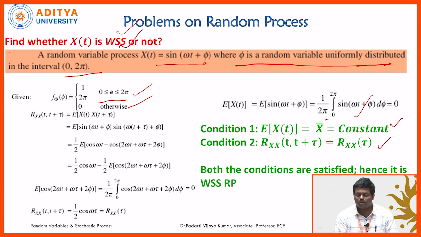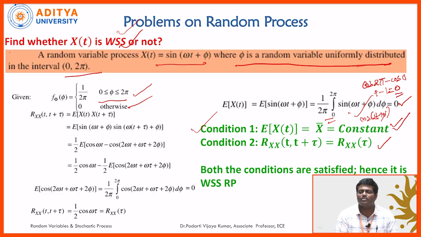Based on that, 1 by 2 pi integral from 0 to 2 pi of sin of omega t plus phi. The integration of sin will be a cos function, minus cos of omega t plus phi. We know that cos 2 pi minus cos 0 is 1 minus 1, so we get 0. So the mean is a constant value, and the first condition is satisfied.